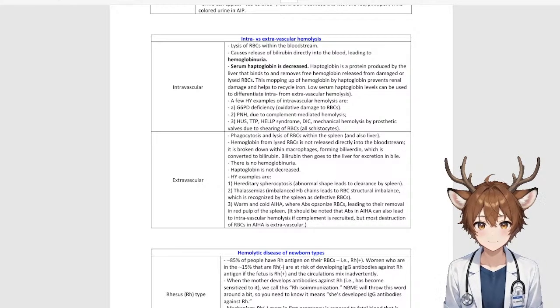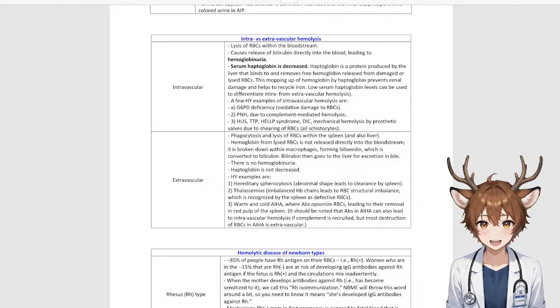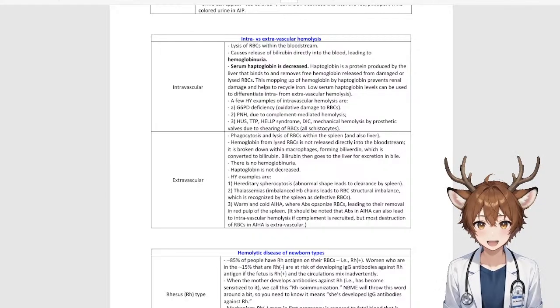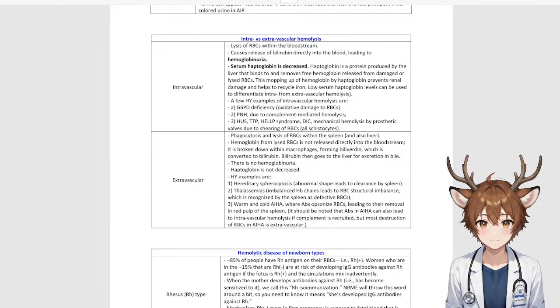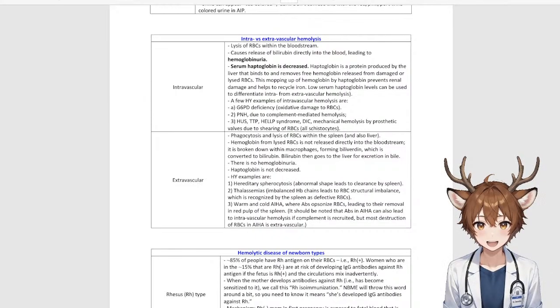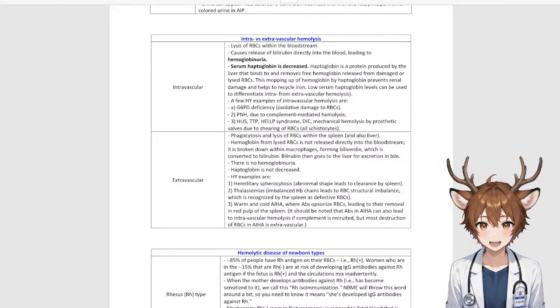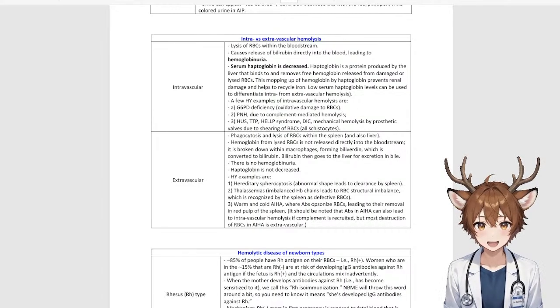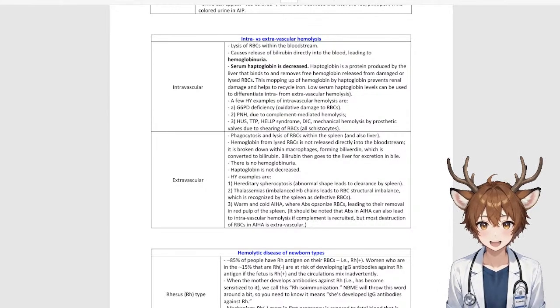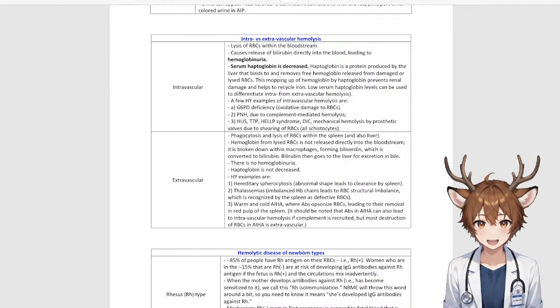Okay. So, where are we? Oh, yeah. 3. HUS, hemolytic uremic syndrome. 4. TTP. Is that thrombotic thrombocytopenic purpura? And HELLP syndrome. DIC, disseminated intravascular coagulation. Mechanical hemolysis or prosthetic valves due to shearing of the RBCs, all schistocytes.